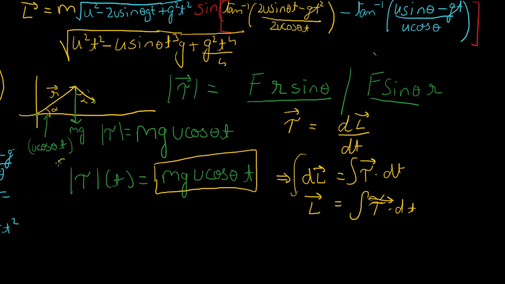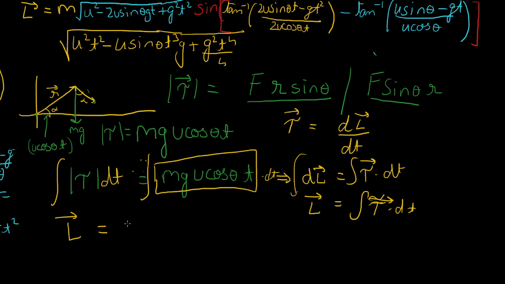So now let us integrate this on both sides. Just multiply with dt on both sides and integrate it. So we have angular momentum is equal to mg u cos theta, and all are considered constant when you are integrating with respect to t.